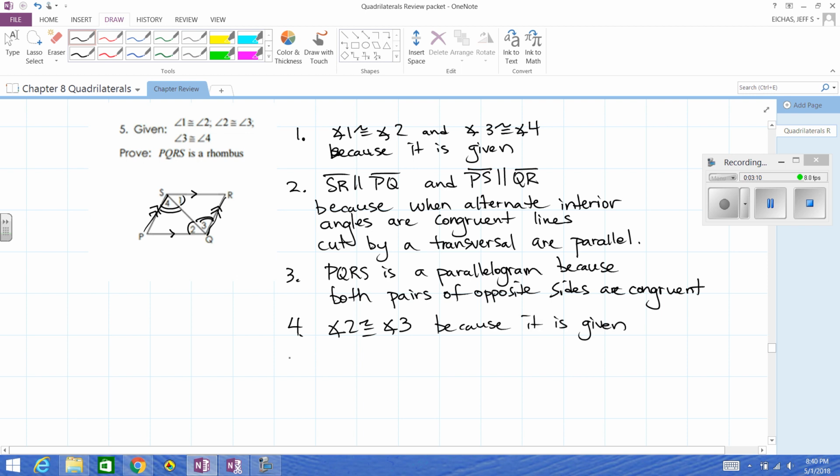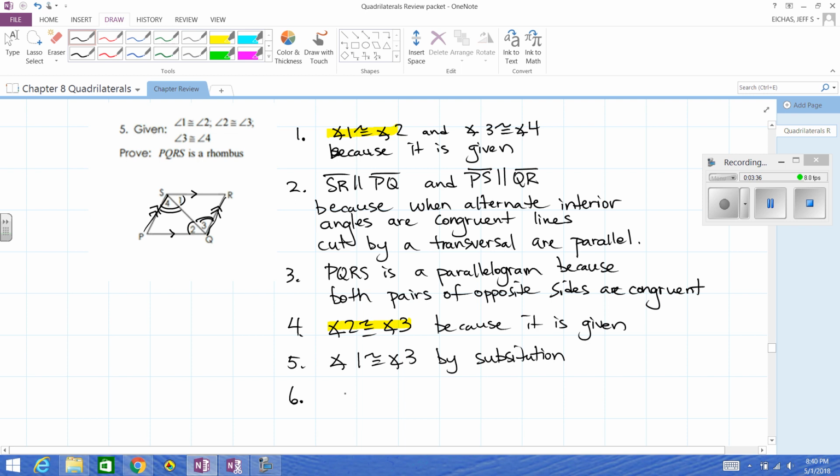All right. Now, angle 1 is congruent to angle 3 by substitution, or the transitive property. I'll highlight those so you can see what I'm talking about. This and this, see, 1 and 3 are both congruent to angle 2, so we can sub 1 in for angle 2 and get angle 1 is congruent to angle 3.